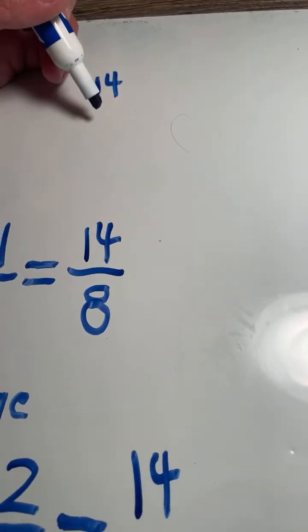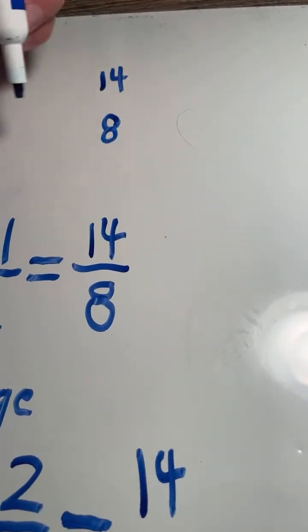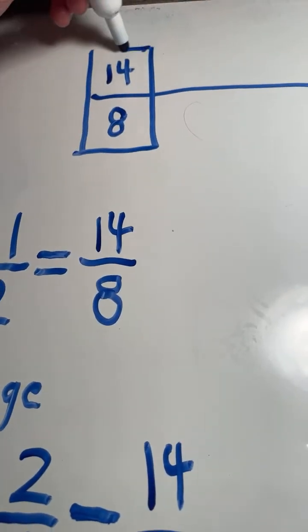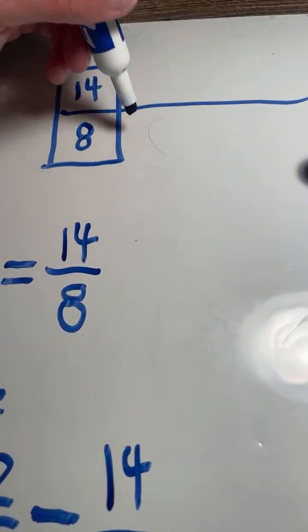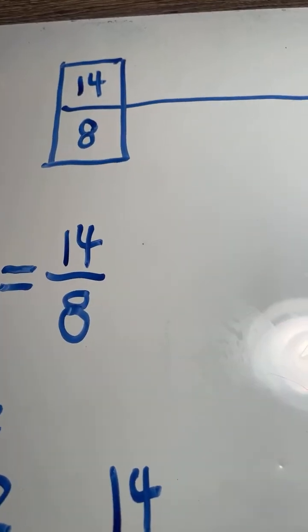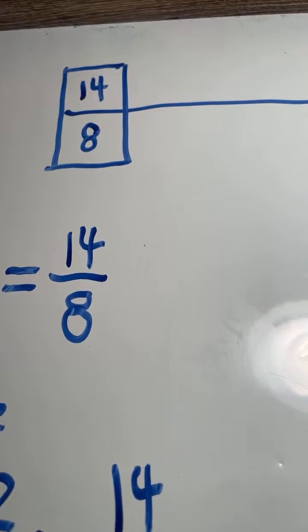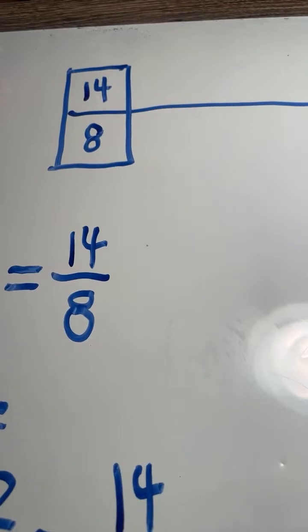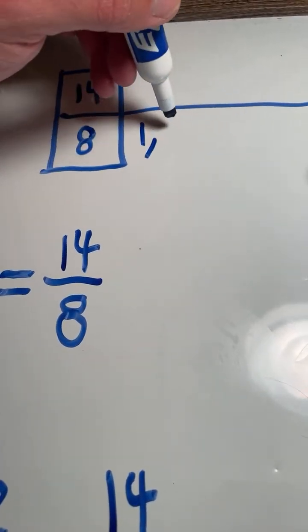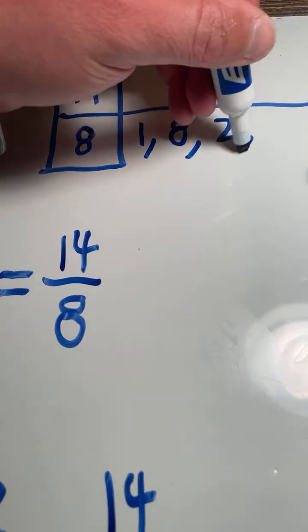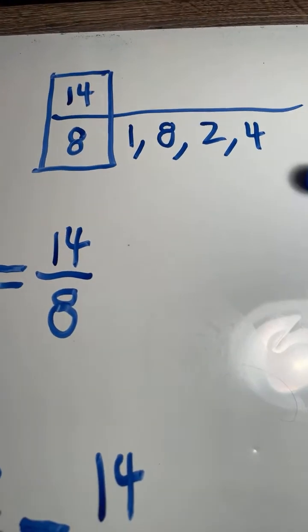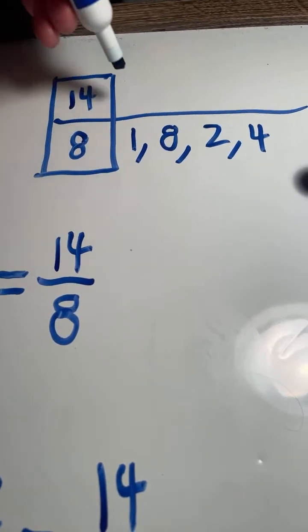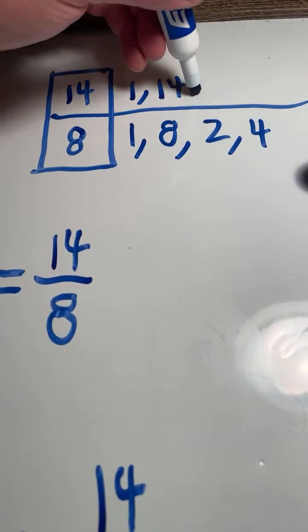So if we're looking at the factors of 14 and the factors of 8, the factors of 8 are 1, 8, 2, and 4. The factors of 14 are 1, 14, 2, and 7.